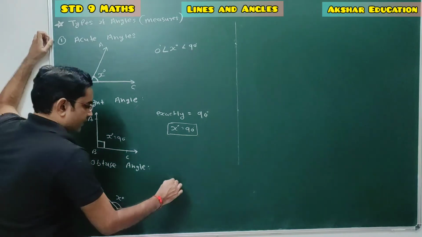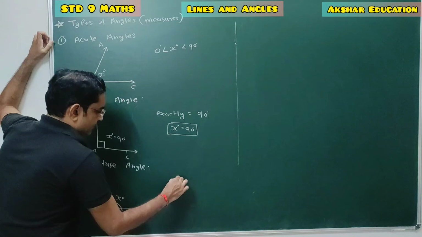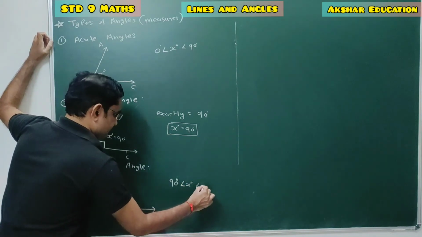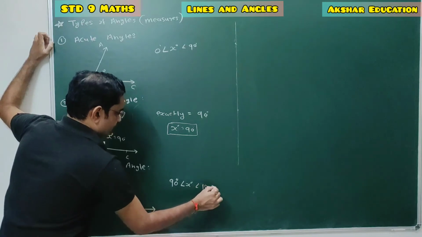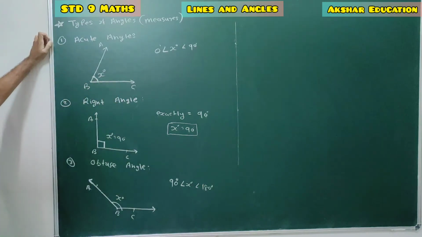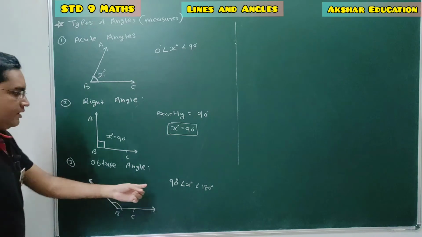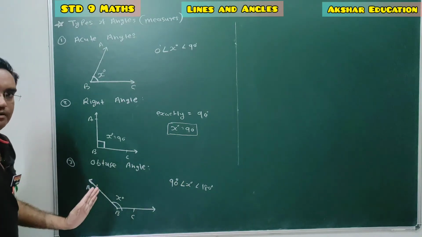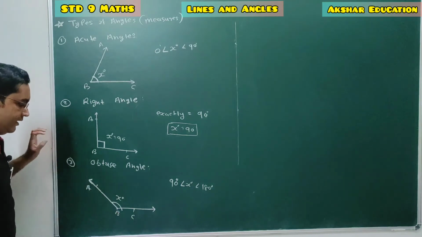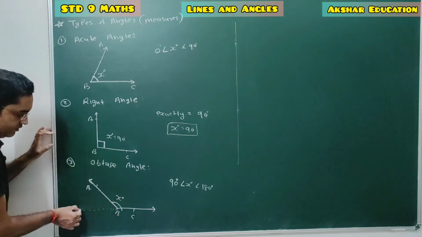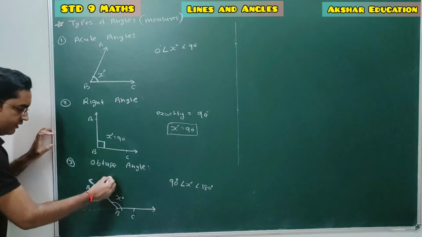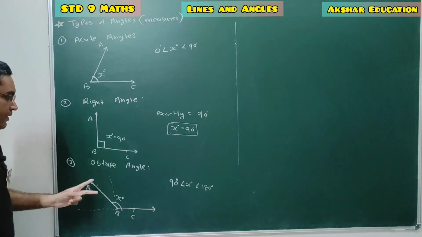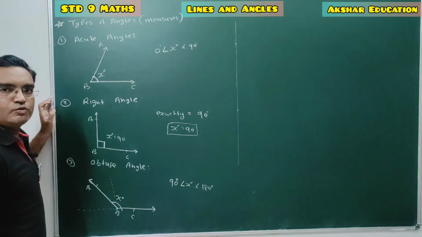So here value of x is 90 degree less than x less than 180 degree. So if the measure of angle lies between 90 and 180 degree, है ना? 180 degree exactly यहाँ पर आएगा. So 180 degree से कम होना चाहिए और 90 degree कहाँ पर आएगा? यहाँ पर. ये दोनों के बीच में अगर एंगल रहा, so that angle is known as obtuse angle.